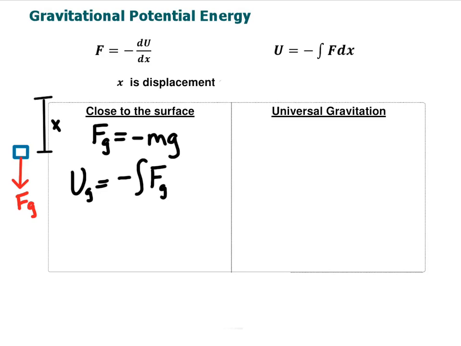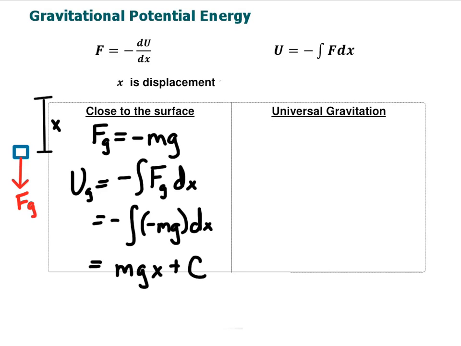Well, if we take the indefinite integral of negative Fg dx, what we're going to end up with is gravitational potential energy equal to m times g times x plus some constant c. And this looks very familiar, except in the past we've used h for height instead of x for displacement, but it is the same thing.